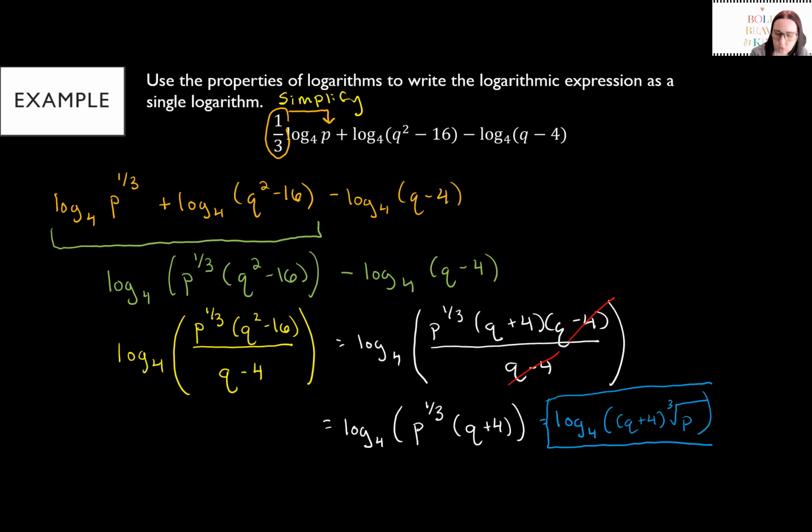And so when you are trying to combine these as a single logarithm, if you see something that you can simplify by factoring, once you have it in a single logarithm, you do that. And then if you have any fractional exponents, you put them back into the radical form, because we generally don't leave our final answers in that form. It's like a transitionary state in order to do other stuff with.